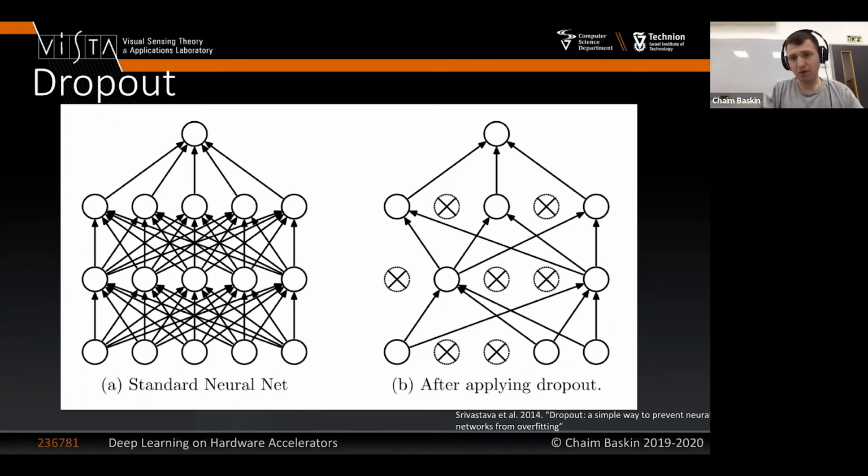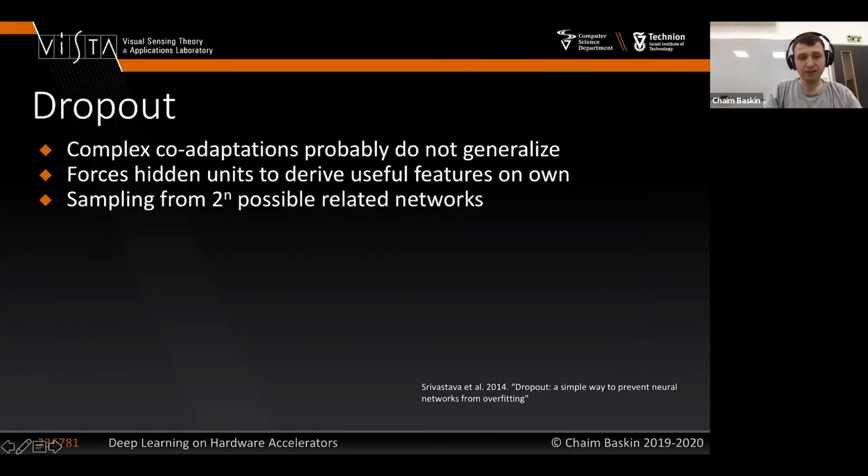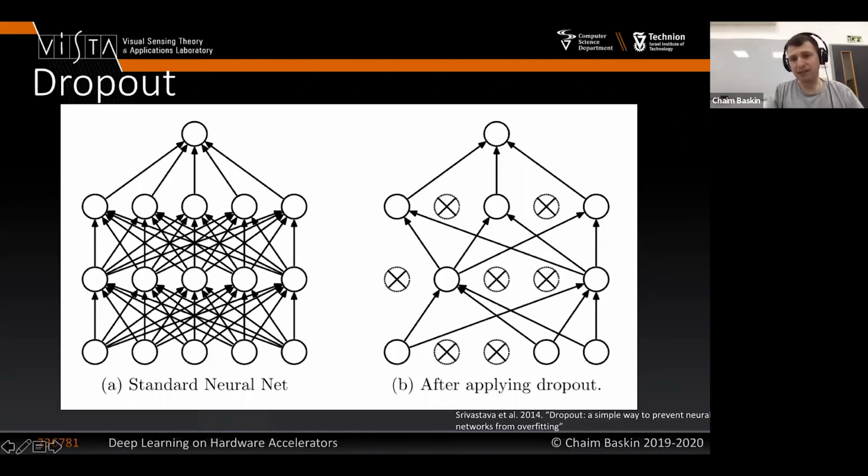We do it randomly over iterations. This is one iteration; in the second iteration, other tensors will be cut. In test time, we use the whole network. The removal of connections is done only in training. In test time, we use the entire network.